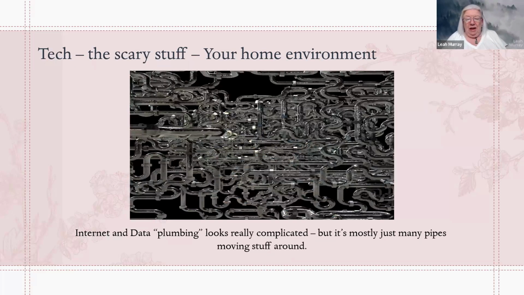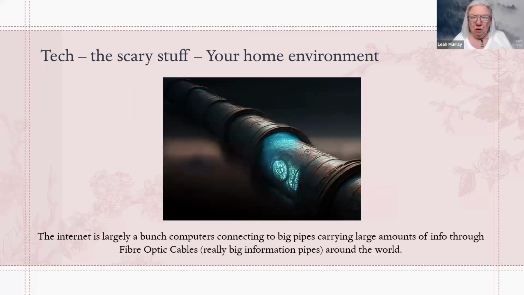The internet and the plumbing for it actually looks really complicated, but it's mostly just big pipes feeding smaller pipes and bits and pieces of information moving around. There just happen to be a lot of pipes and some surprisingly large pipes. This one is not an actual fiber optic pipe that is running through the Atlantic Ocean, but it's an artificial intelligence representation of same.